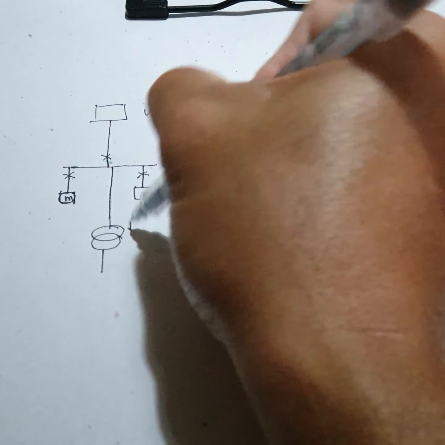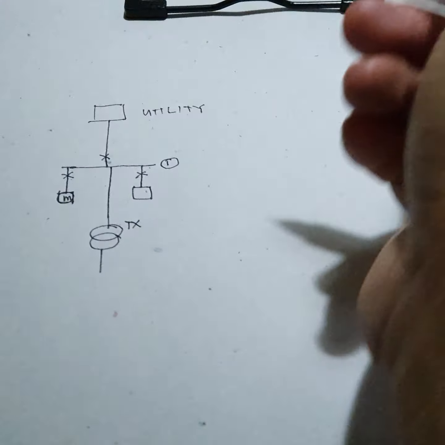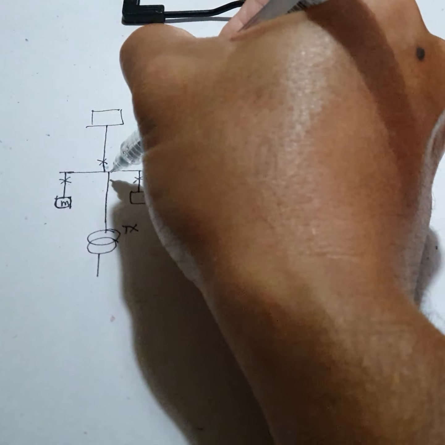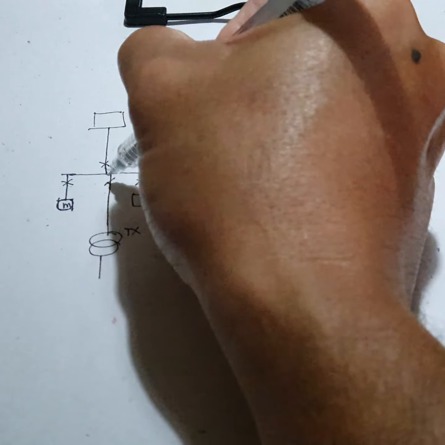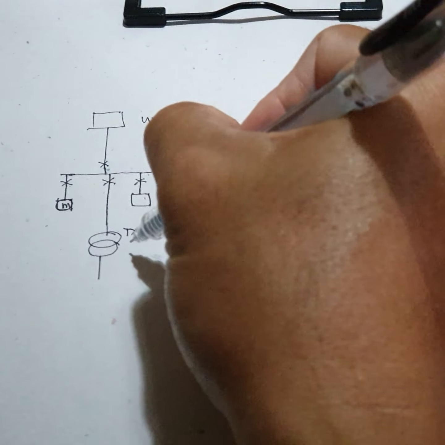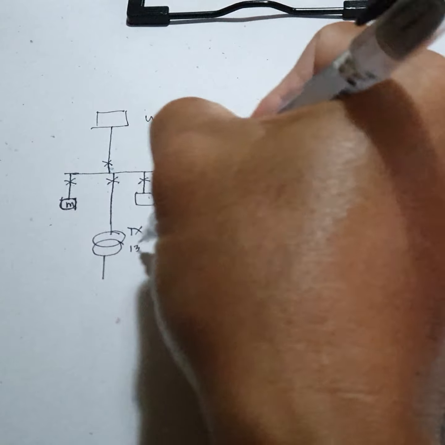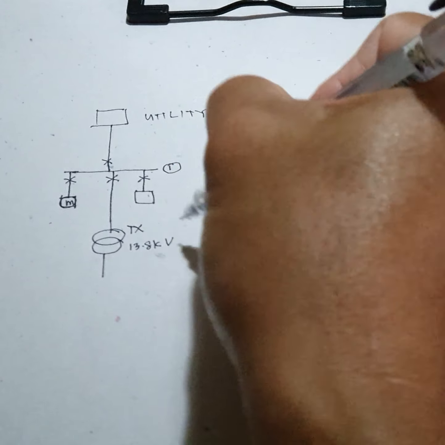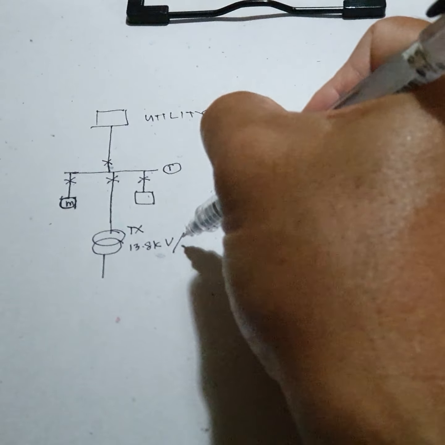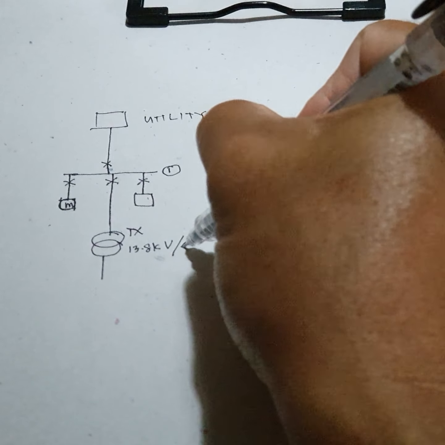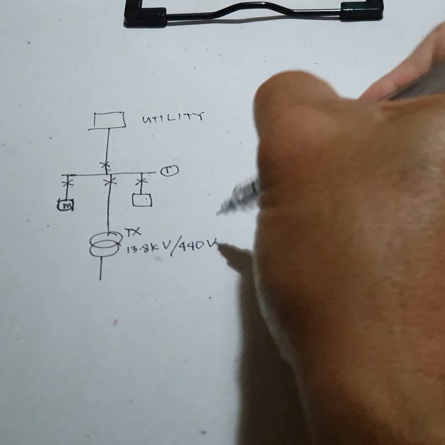Let's say this is the transformer TX, and of course you have a protective device here also. And let's say the transformer voltage is 13.8 kV primary, and the secondary is 440 volts.